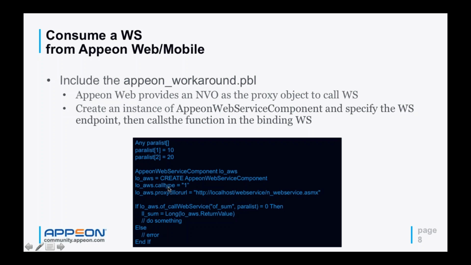I will go into details of these properties when we practice. And finally, you execute the method of_call_web_service, which calls the function in the binding web service with the parameter arrays to compute the sum of 2 numbers. And then you have this property return value that gives you the real value.